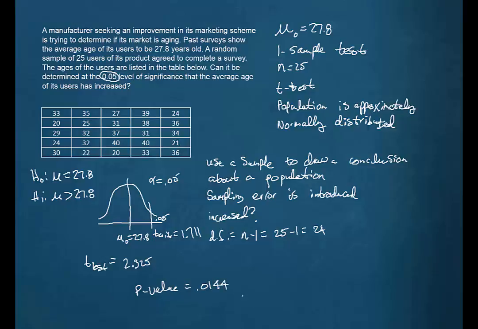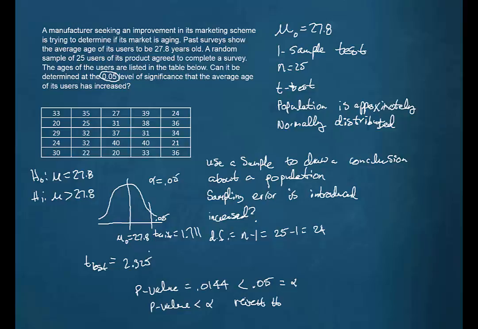Now we decided that if the p-value is less than alpha, we would reject the null hypothesis. Well, this is less than 0.05, which is alpha. So since the p-value is less than alpha, we should reject the null hypothesis. And we would make that same decision using our t-test and critical value.